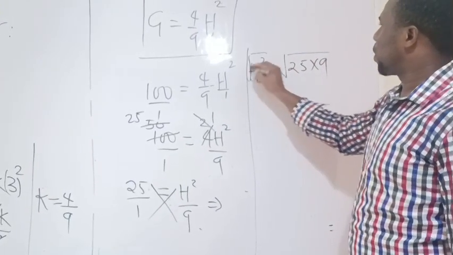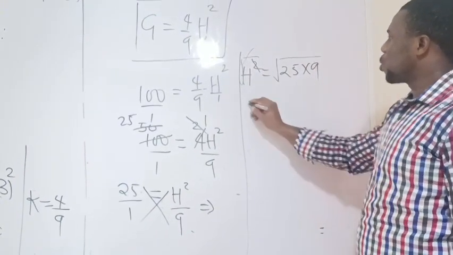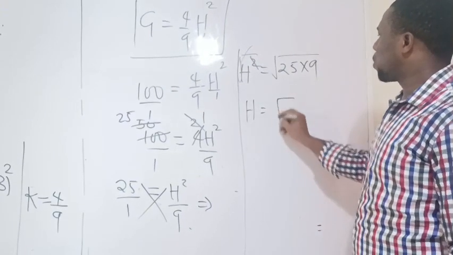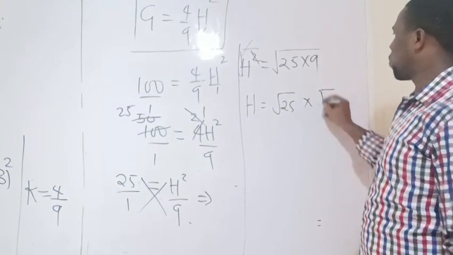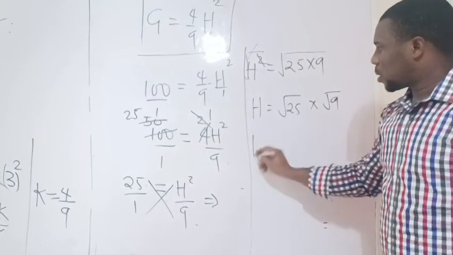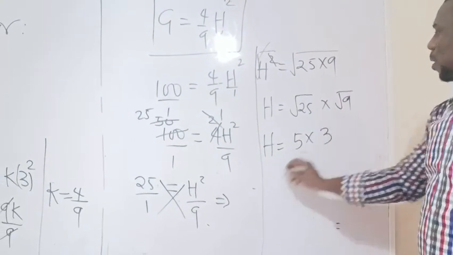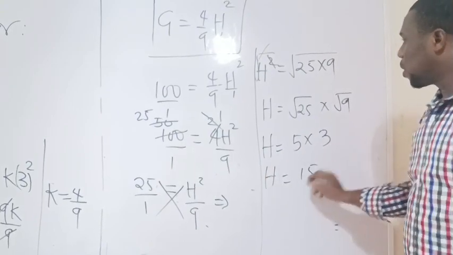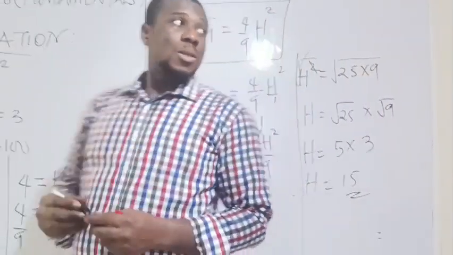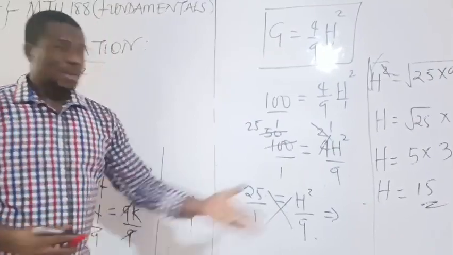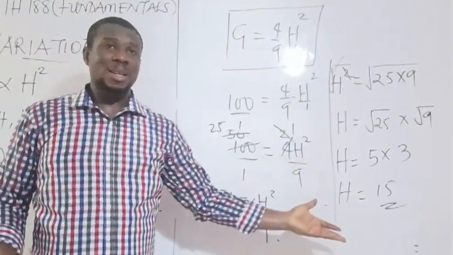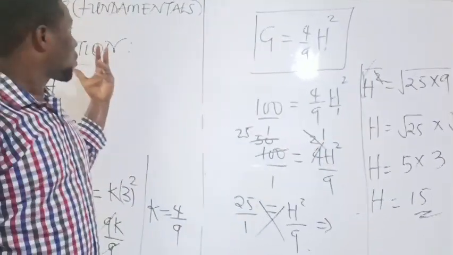And once I do that, I lose the power. So H becomes the square root of 25 times the square root of 9. The square root of 25 is 5, and the square root of 9 is 3. So H becomes 15. Alright, so these are just a few of the many examples we could do in direct variation.